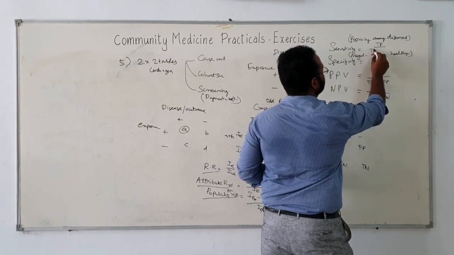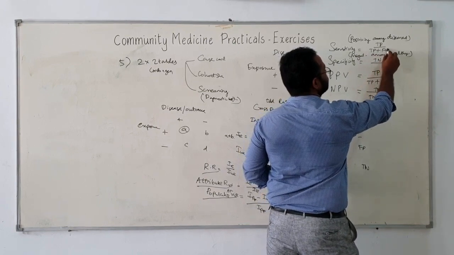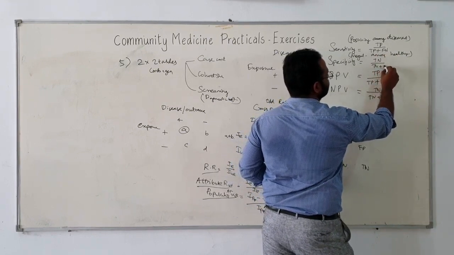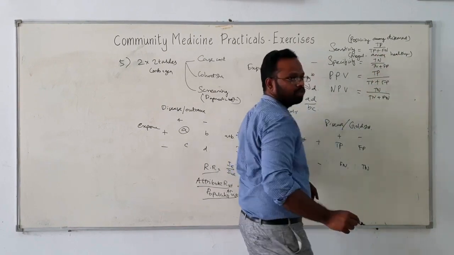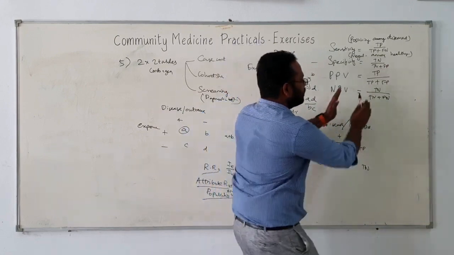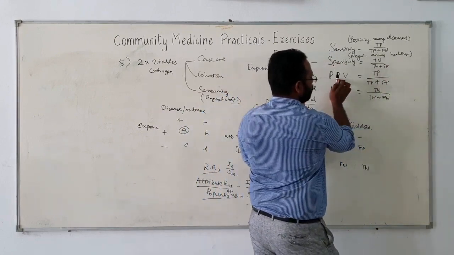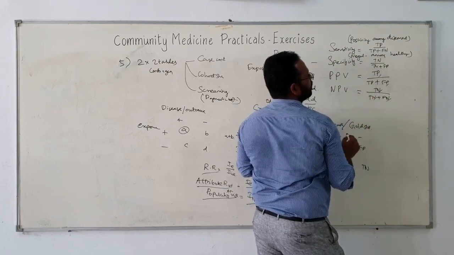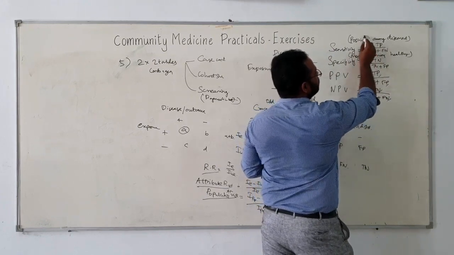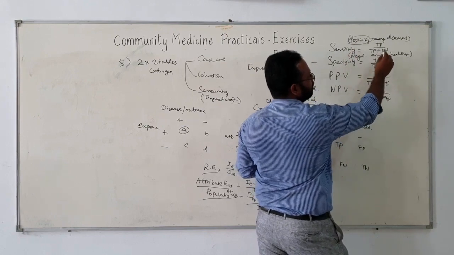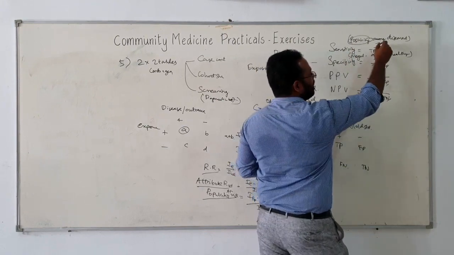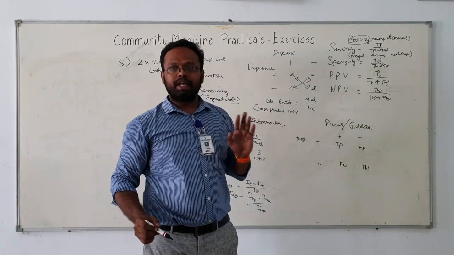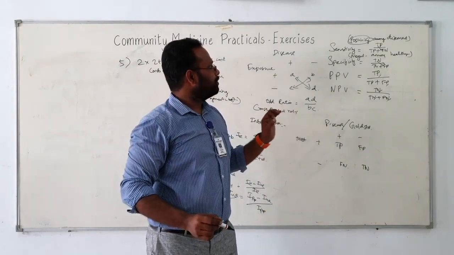So true positive plus false negative. These are all the people with the disease. This is true negative plus false positive. As I said here, it will be exactly the same. For positive predictive value, all P's will be here. For negative predictive value, all N's will be here. Here, if it is positivity among disease, you can easily do this, and it will be the exact opposite of this. These two will be the exact opposite. So this is the sensitivity and specificity.